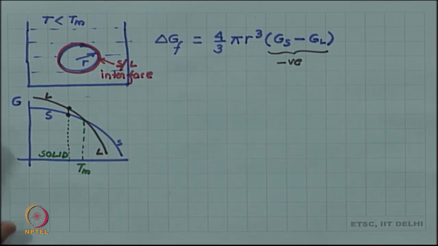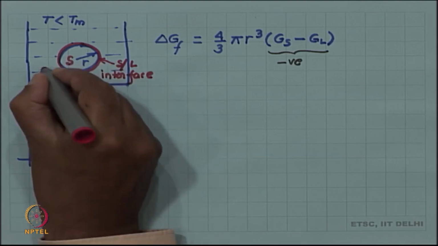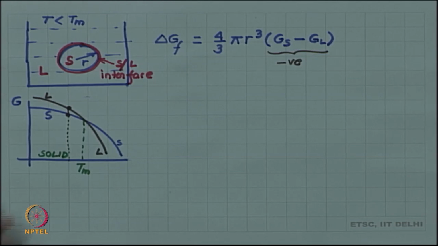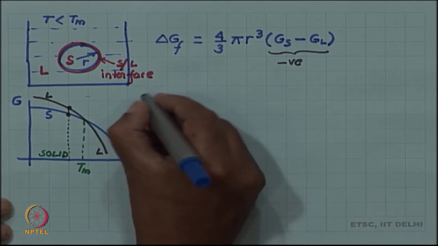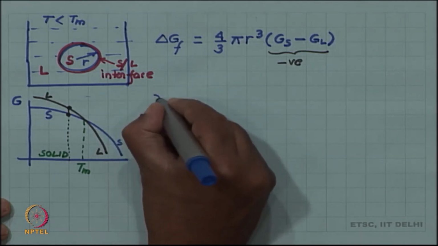As soon as a ball of radius r of solid is formed, a solid liquid interface is also created, and a solid liquid interface will have an energy associated with it. So, that energy is called the surface energy, and we have met this in the defects chapter.